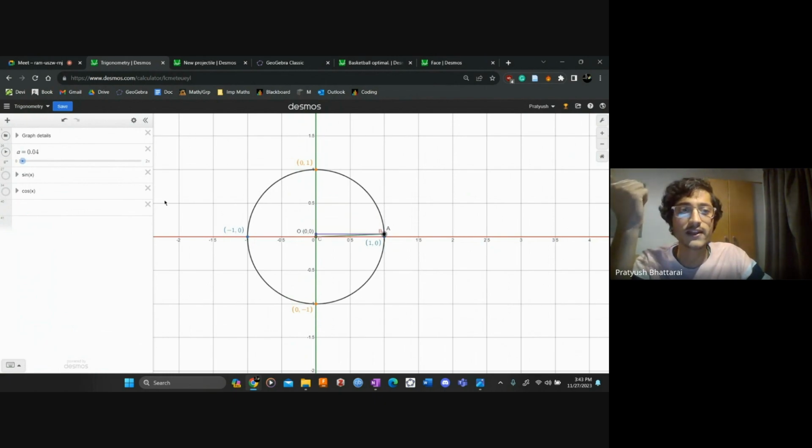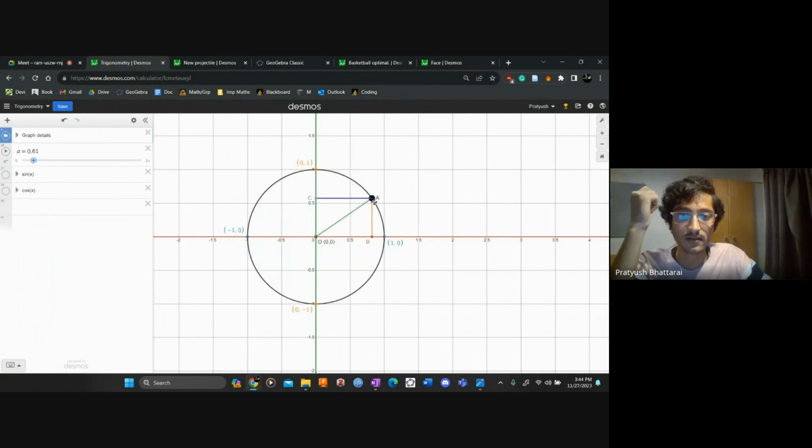If you think about going around the circle at a constant speed and looking at these lengths that represent sine and cosine, here in this diagram, let's pause at a certain angle. This orange line is the sine of this angle theta, and this purple line, which is equal to the base of the triangle, is the cosine of this specific angle.